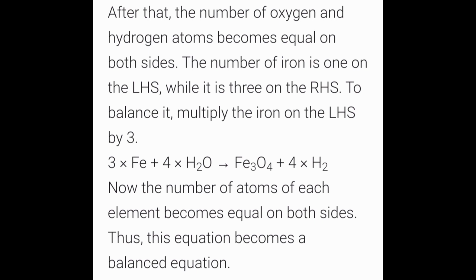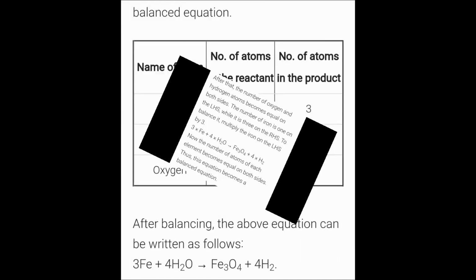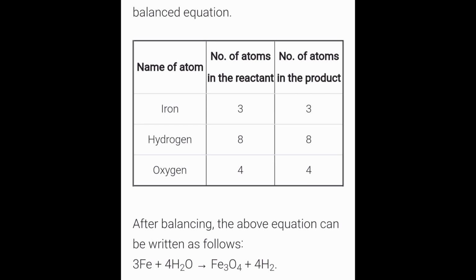To balance it, multiply the iron on the left hand side by 3. Now the number of atoms of each element becomes equal on both sides, thus the equation is balanced. After balancing, the equation can be written as follows: iron 3 and 3, hydrogen 8 and 8, oxygen 4 and 4, on both sides.